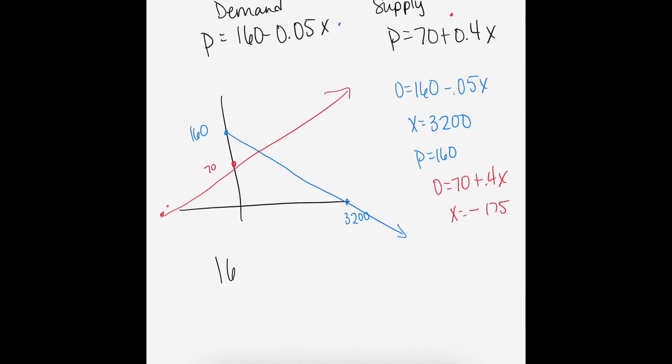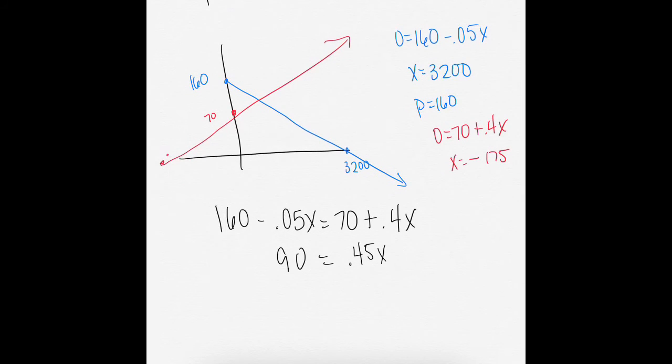So now let's see where they intersect and find out where that equilibrium is. 160 minus 0.05x is equal to 70 plus 0.4x. Okay, so we're going to get 90 is equal to 0.45x, and then x will be 200.